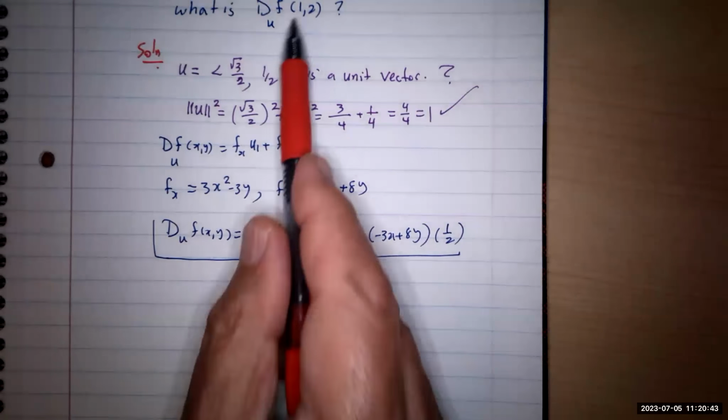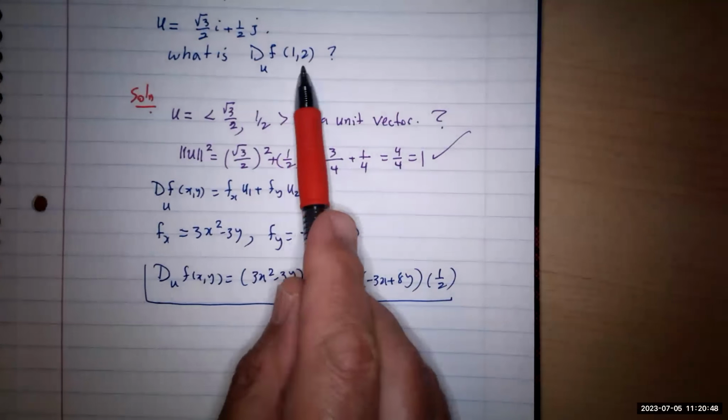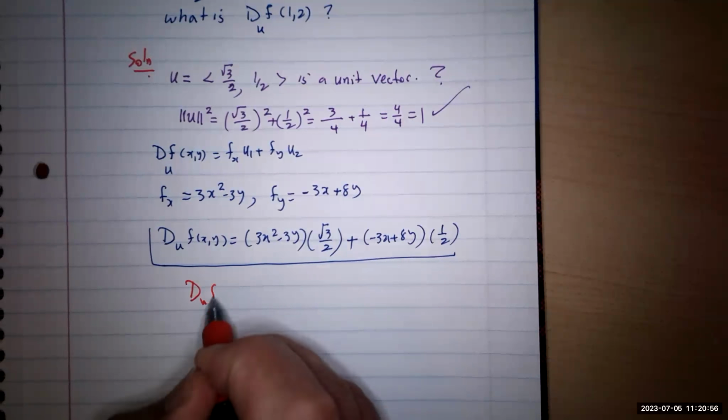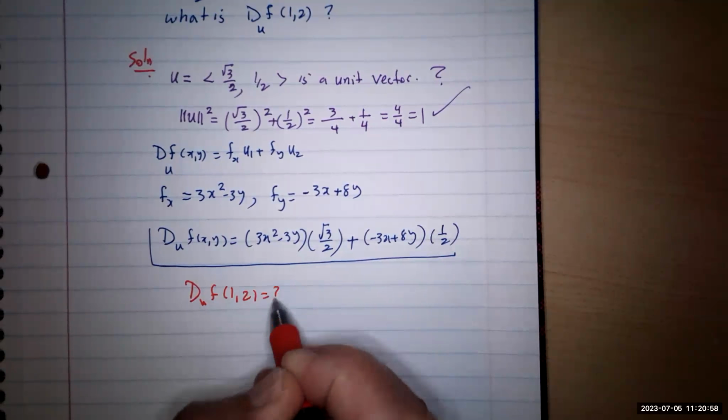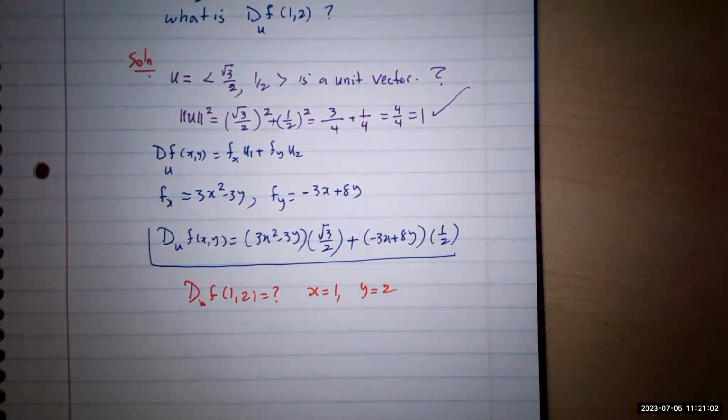But they ask you only for the point 1 and 2. So you put x equal to 1 and y equal to 2.